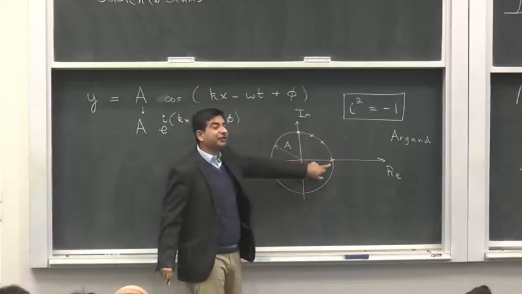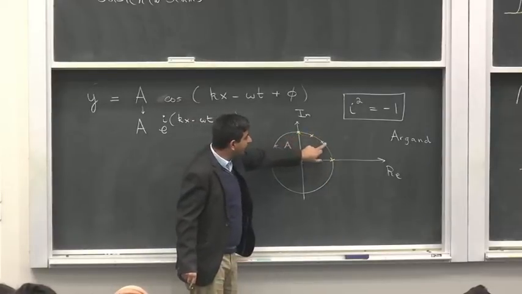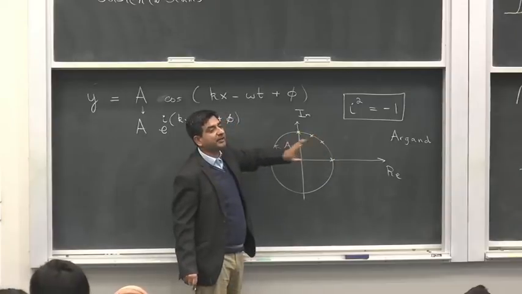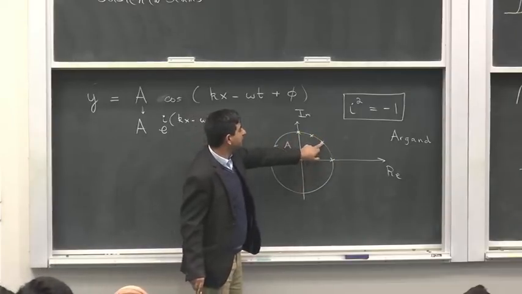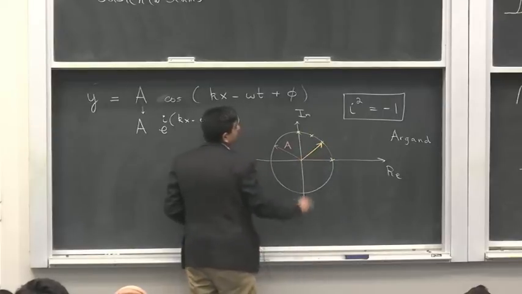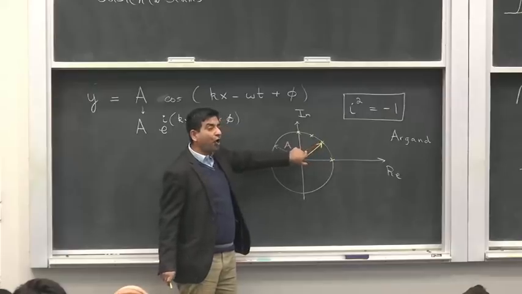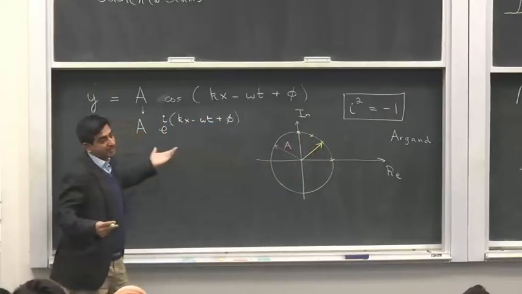It could also be on the real axis. It could also be on the imaginary axis. It could have a real component and an imaginary component. Suppose the point lies here. I can draw a vector from the origin to the point, and this vector represents the complex number.